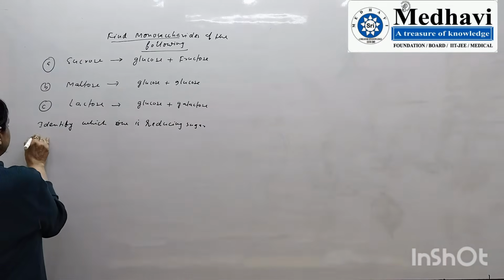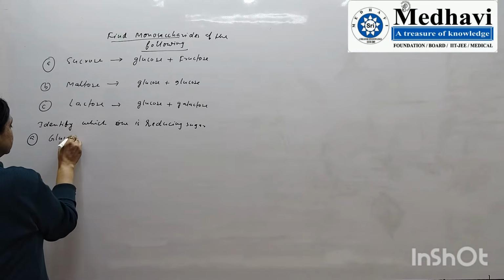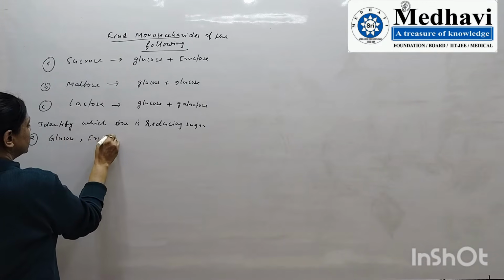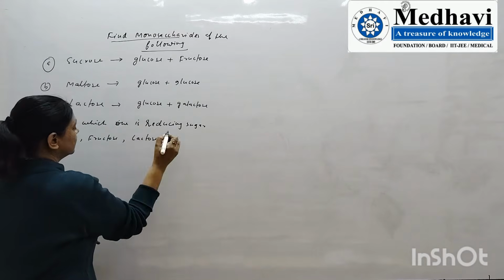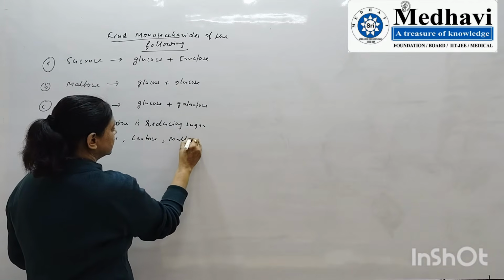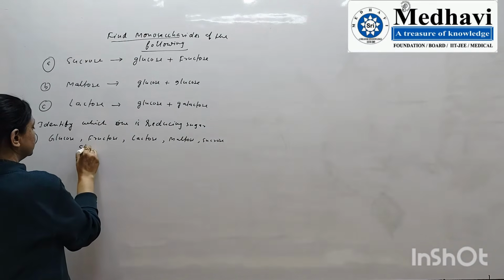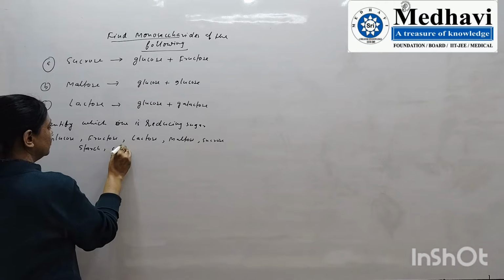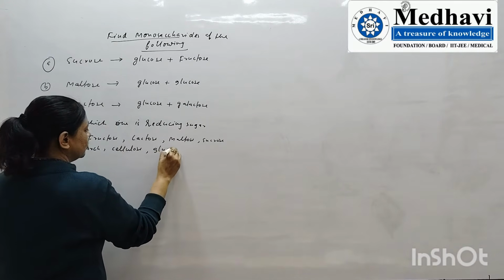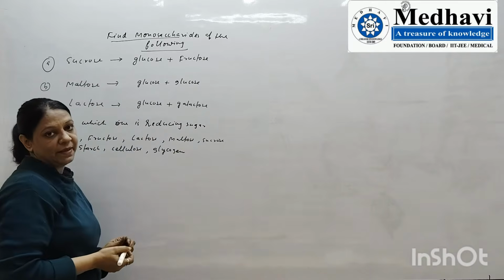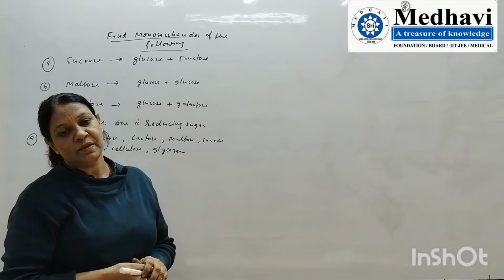Suppose the options are glucose, fructose, lactose, maltose, sucrose, starch, cellulose, glycogen. I have already explained this part, it is a very important part. I am just reading the points from where questions may be asked.